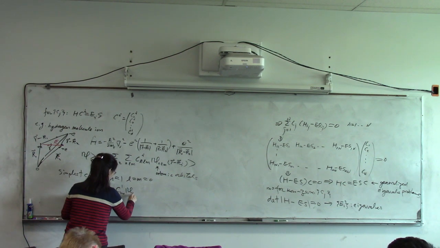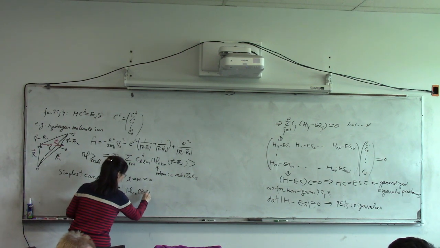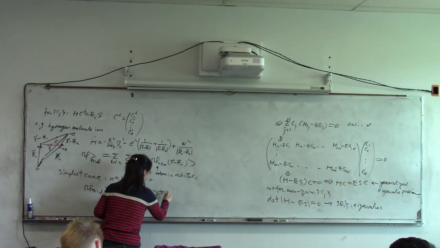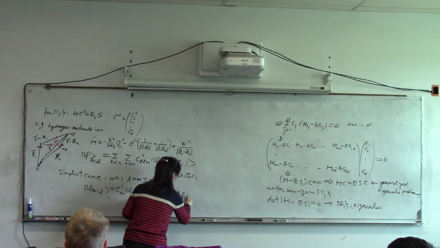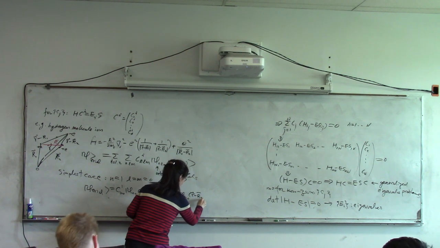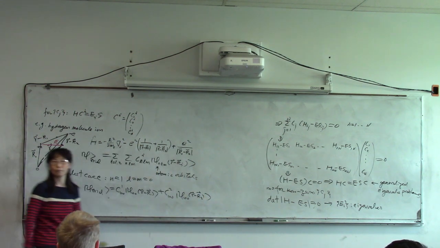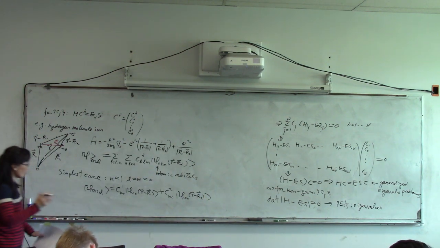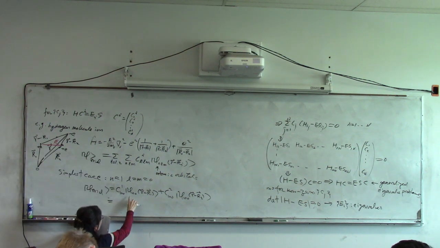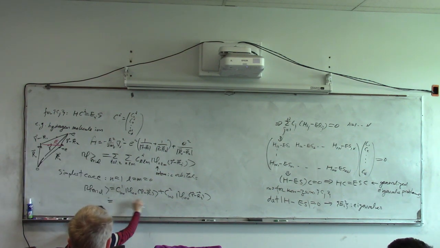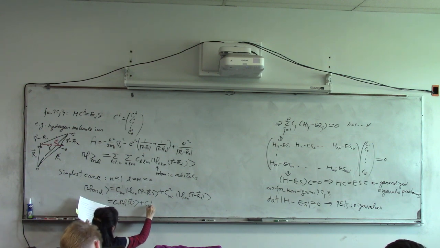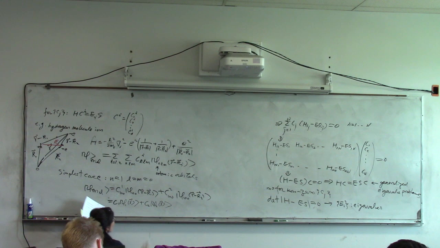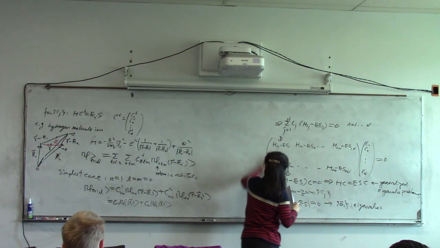Times psi_100 when r is around capital R1, plus C_1002, another orbital located around R2. Just these two. Of course, this is simple. You will see the accuracy is not good, but we just give you an example. To make this simple, I'm going to write C1 psi1(r) plus C2 psi2(r). I just make a simple expression.